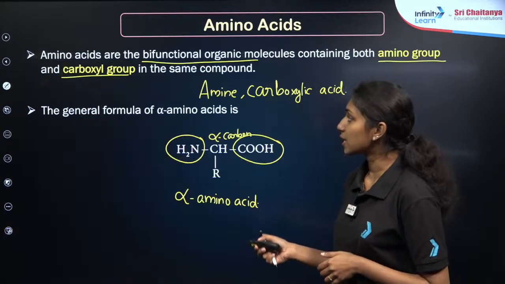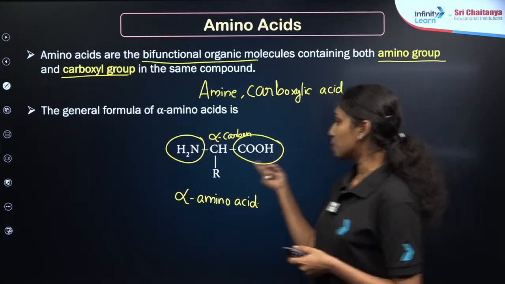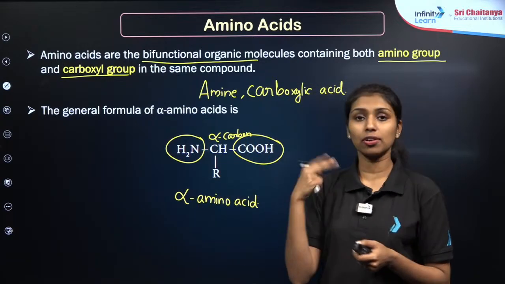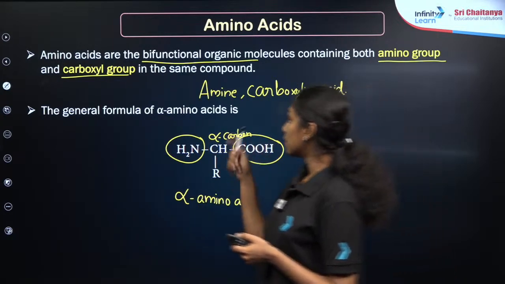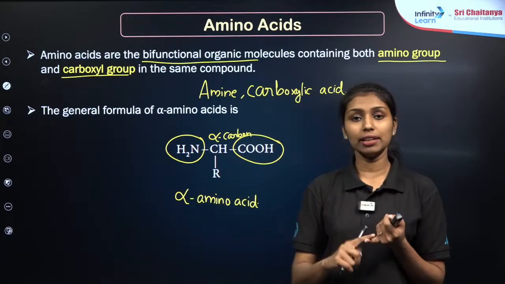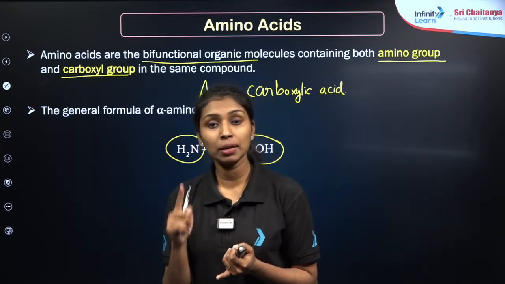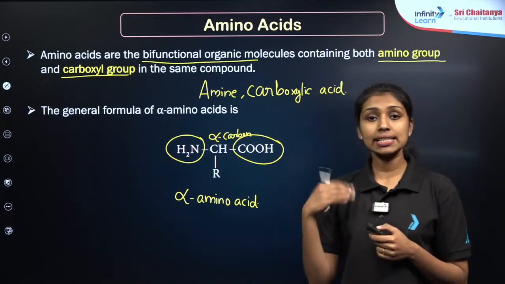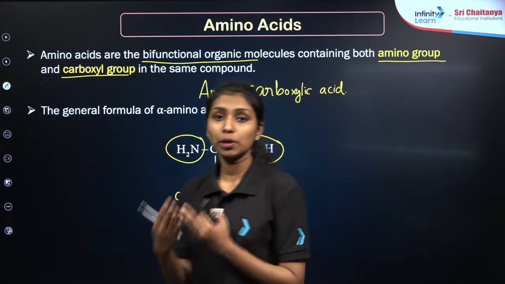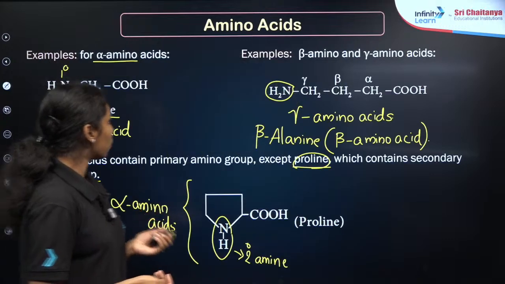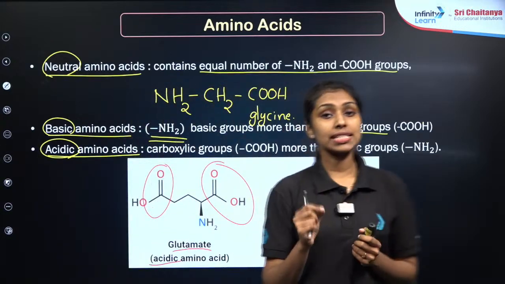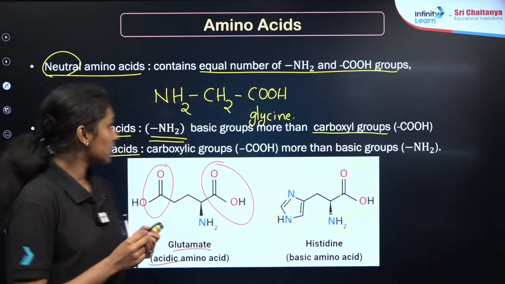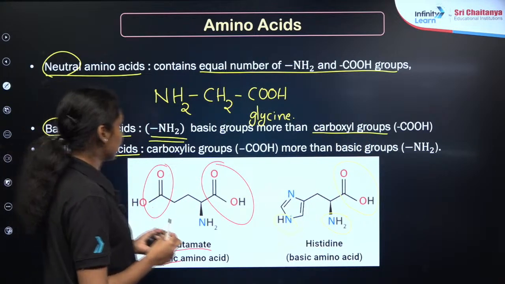There are different classifications based on the groups. Amino acids are bifunctional, containing an amino group and a carboxylic acid group, so they are called amino acids. Based on the position of the NH2 group, we classify them into alpha, beta, gamma amino acids. Then the next classification is based on the number of amino groups and carboxylic acid groups: basic, acidic and neutral amino acids, right?